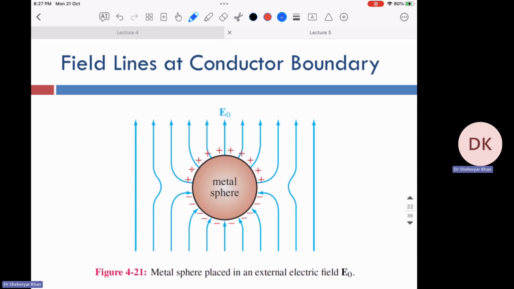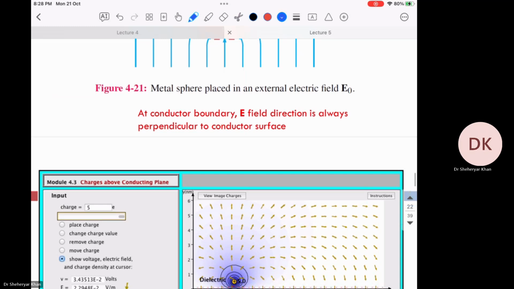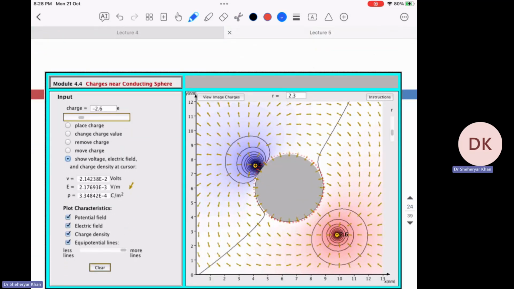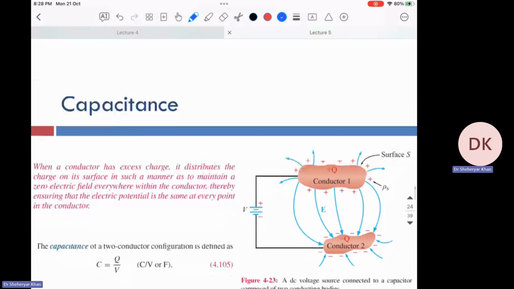Remember, the charges will distribute themselves in such a position that the E field is always 90-degree perpendicular. Okay. You see, that's the reason. You see those patterns. Okay, so you can visualize those examples also.